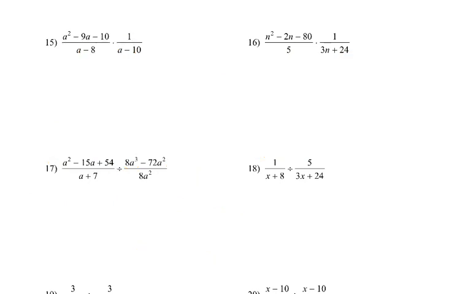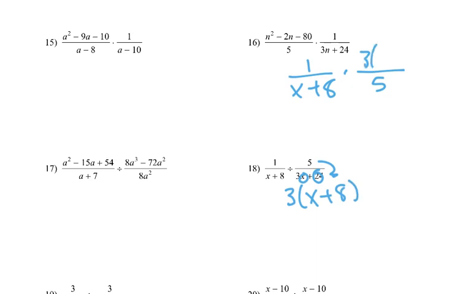Alright, number 18. Okay, a little bit easier. So 1 over x plus 8 times, on the bottom we put 5. I can factor out a 3, and I would have an x left over, and add a 24 and 8. This would be 3 times x plus 8. X plus 8 would cancel, multiply across, and we get 3/5.